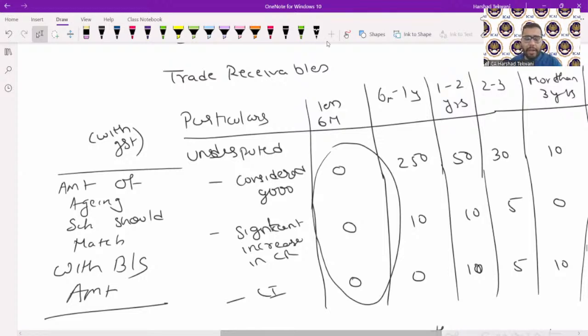Harshit, because you take a credit and you do not disclose it in the trade receivable, for which you are taking a credit.